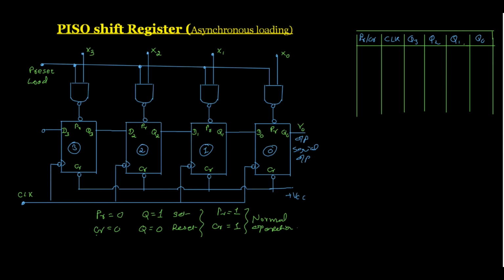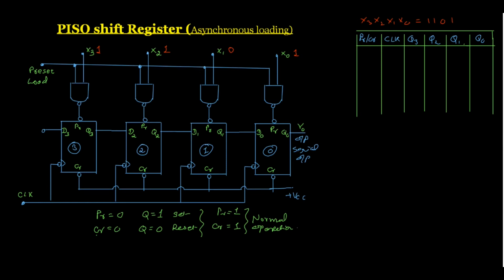Remember, x3, x2, x1, x0 is a 4-bit binary number. So x3 is equal to 1, x2 is also 1, x1 is 0, and x0 is 1. This is my 4-bit binary number.